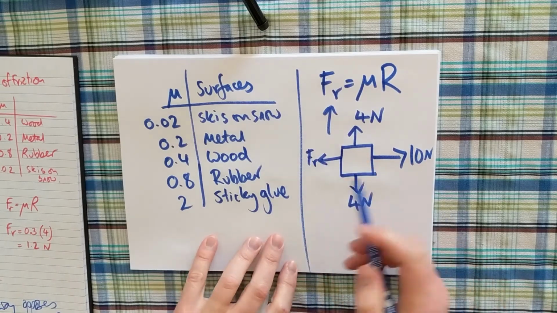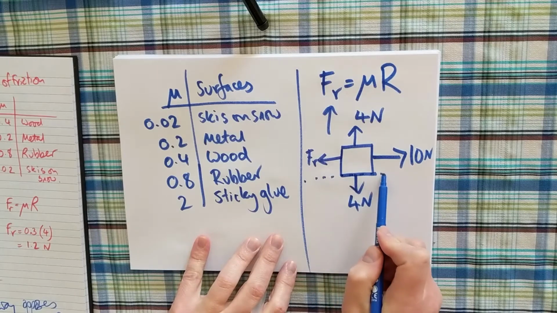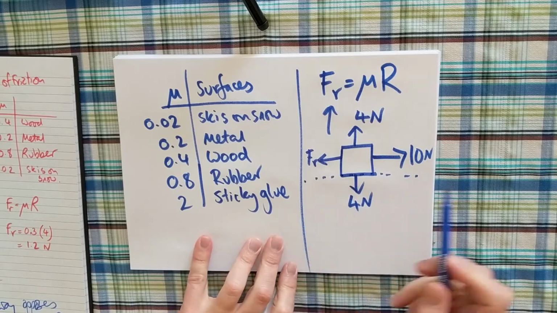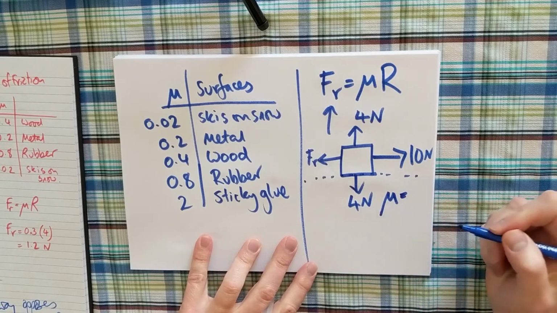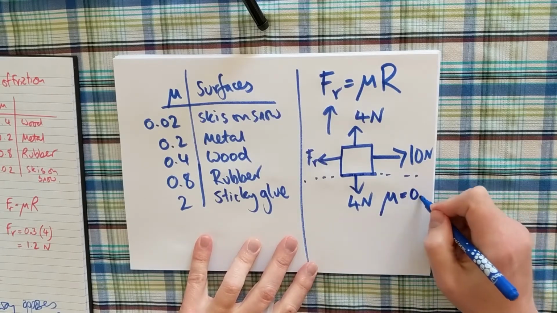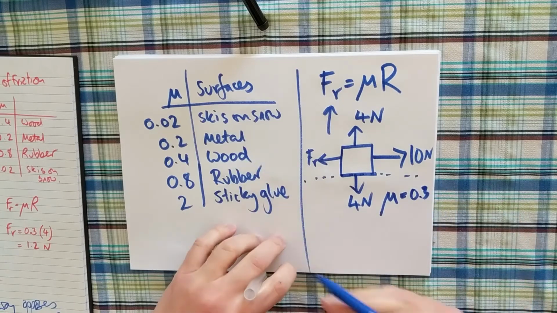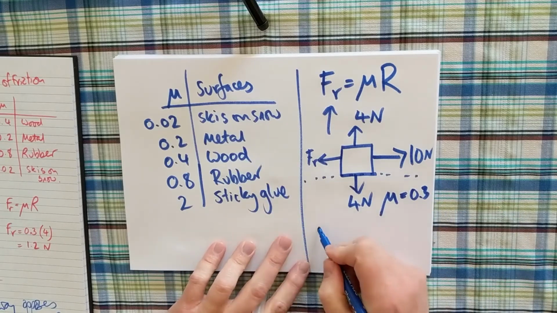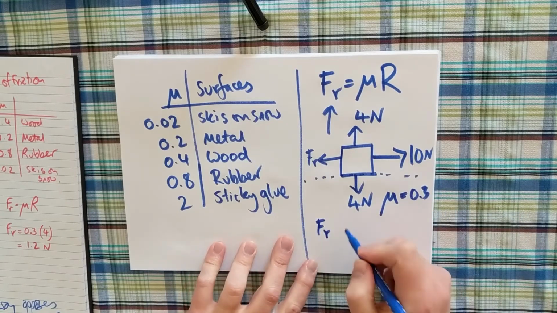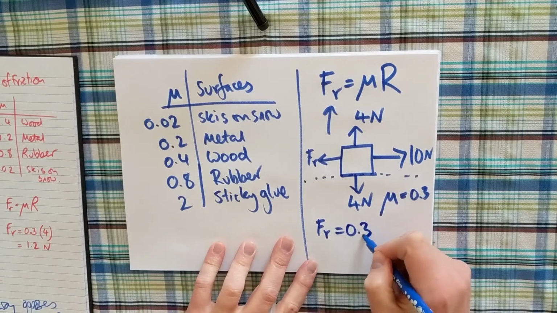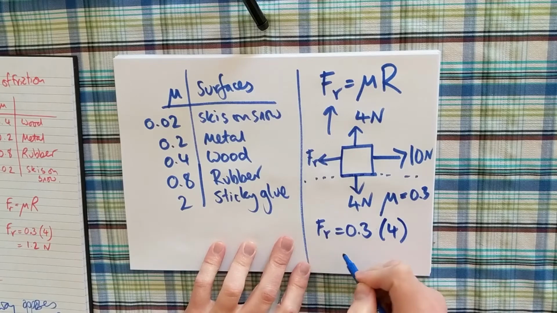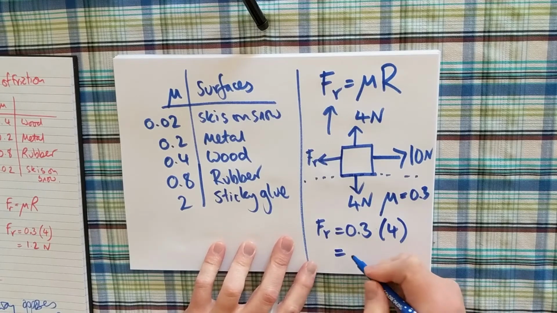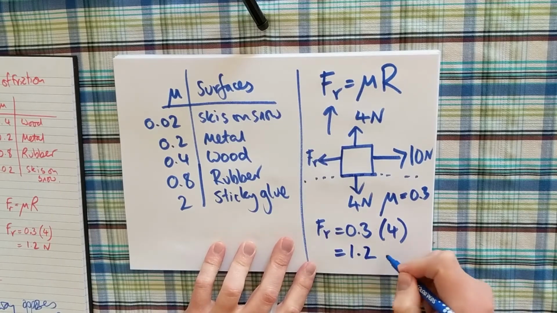If you're told what the coefficient of friction is, if you're told what sort of surface you're dealing with, say in this case the value of mu is 0.3, somewhere between wood and metal, then you could say that the frictional force is equal to 0.3 times the normal reaction force, which in this case is 4. So the frictional force comes out to be 1.2 newtons.